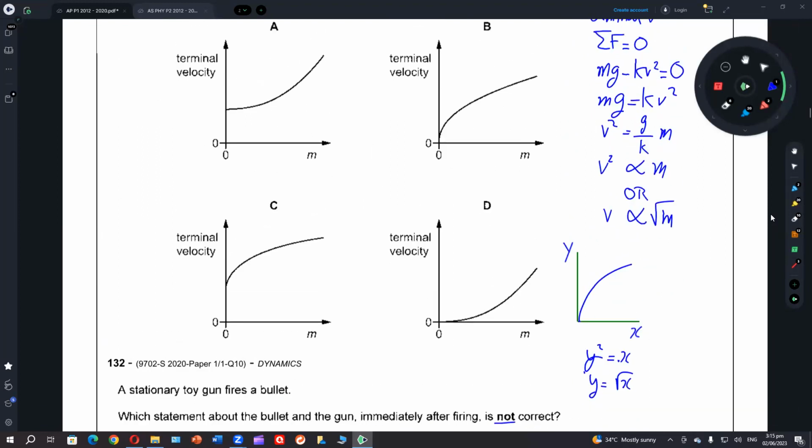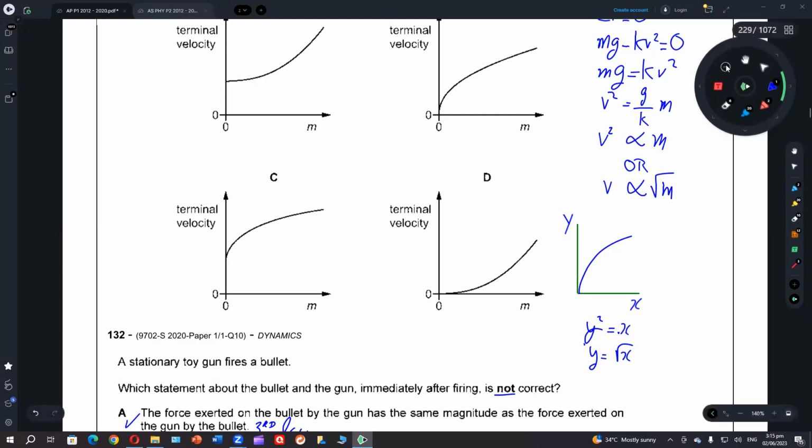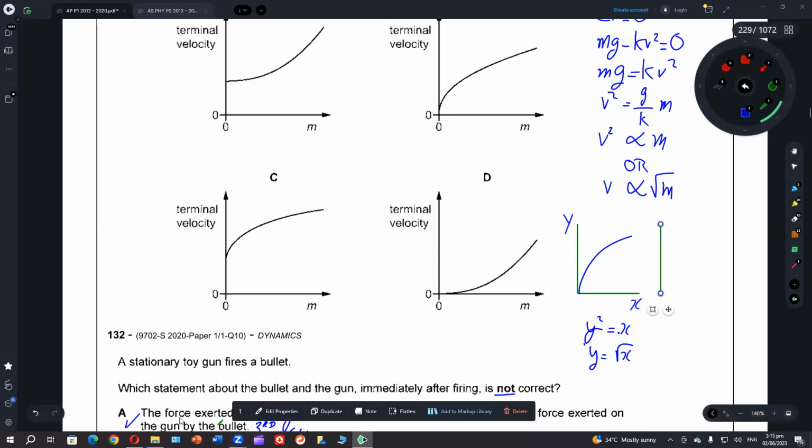So v squared is supposed to be the terminal velocity in this one. He has made it clear that v is the terminal velocity, so it will bend towards the m. I make the other one also, and you can note them down because they're very helpful for maths equations.